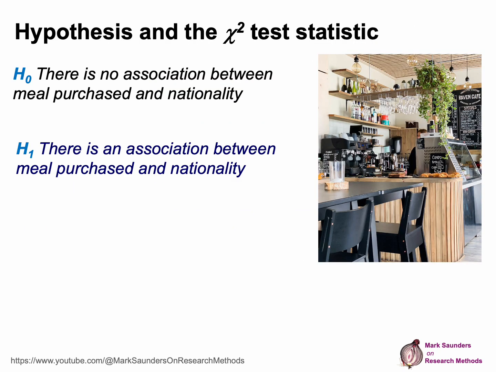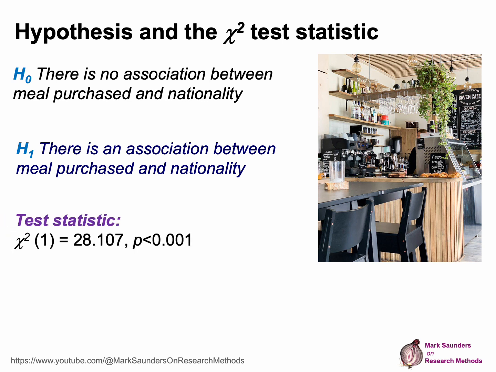We then have our hypothesis for the chi-square test. Our null hypothesis, represented by H0, is there is no association between meal purchased and nationality. And our hypothesis, represented by H1, is there is an association between meal purchase and nationality, and these obviously refer to this specific cafe.